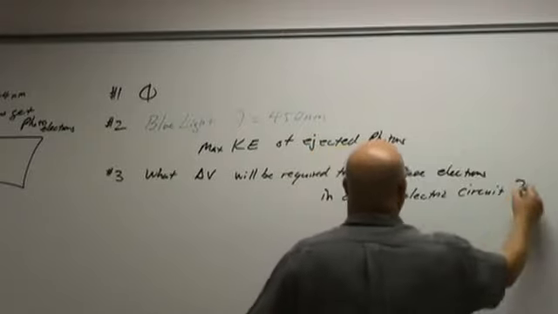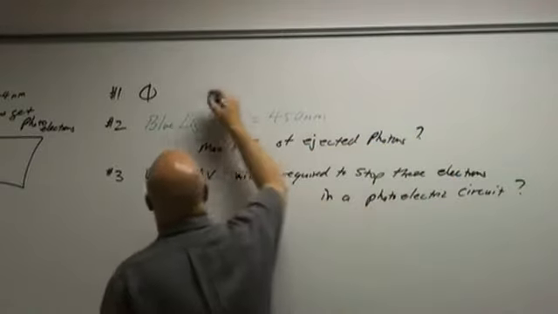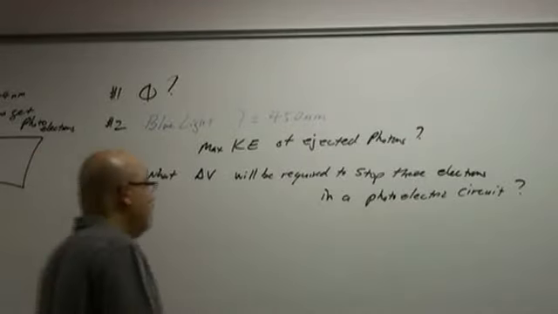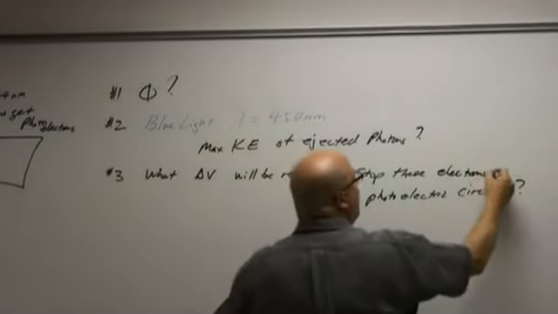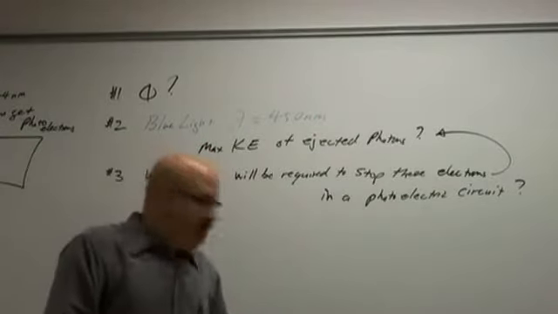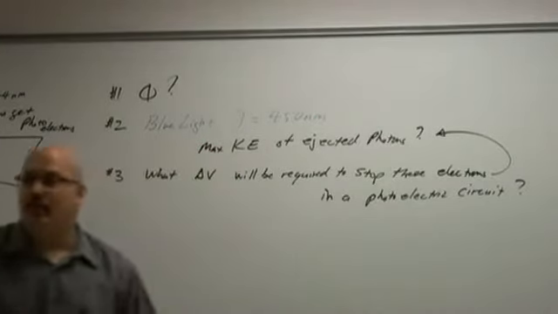Okay, find those three things. We're talking about these photoelectrons from part B when you're trying to stop them in part C.